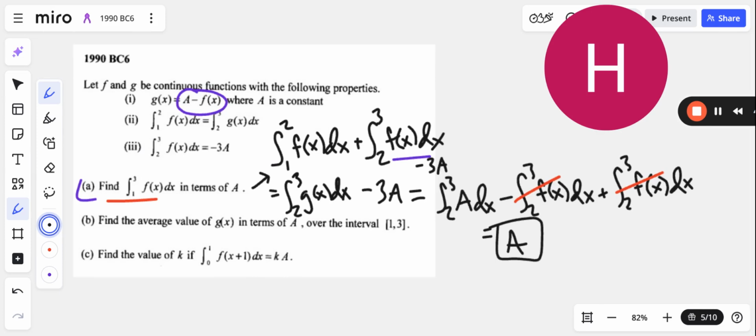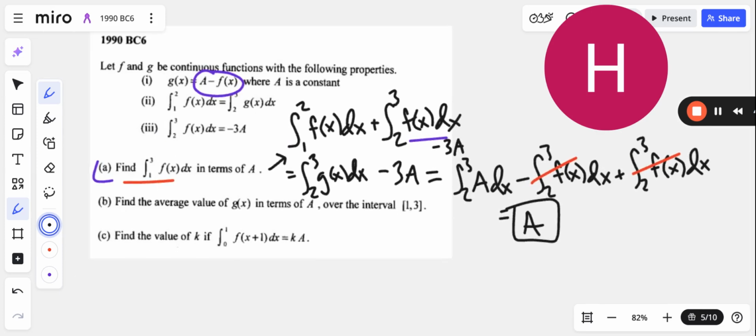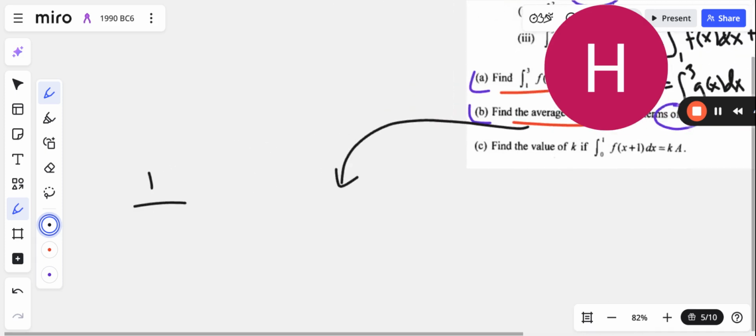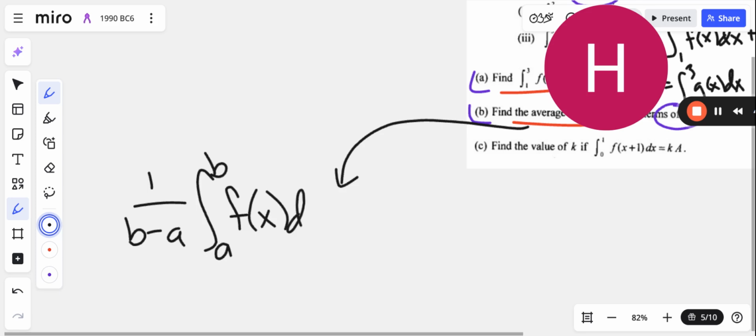No doubt about that. Part B: find the average value of g of x, in terms of a, over the interval from 1 to 3. So first we're going to write out the average value formula when we're using integrals, which is 1 over b minus a times the integral from a to b of f of x dx.